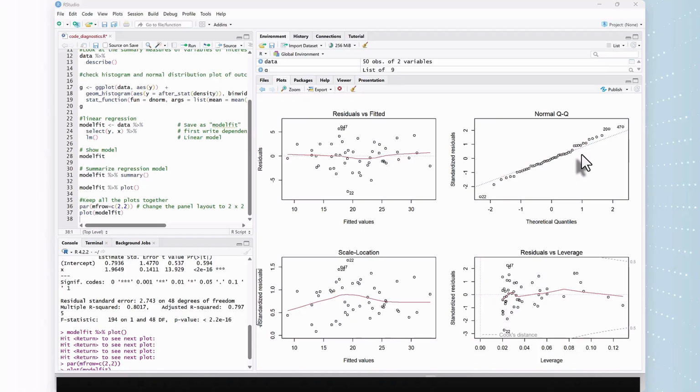The fourth assumption is homoskedasticity, also called equivariance, E for equivariance. According to this assumption, the variance of y at each value of x is equal. This is the same as assuming that the error variance does not depend on the value of x. In the diagnostic plots, we can check this assumption using the scale location plot, which shows the spread of residuals across the range of the fitted values.